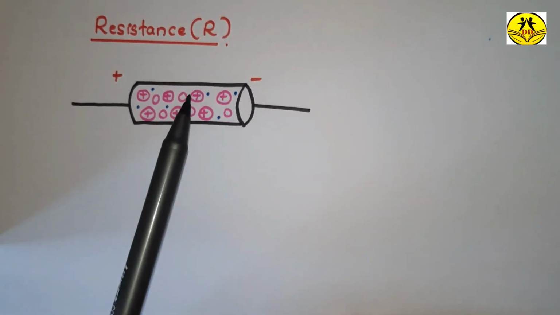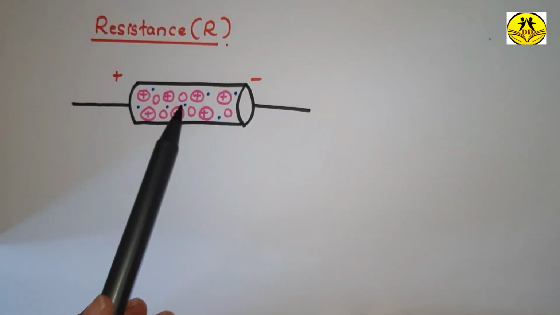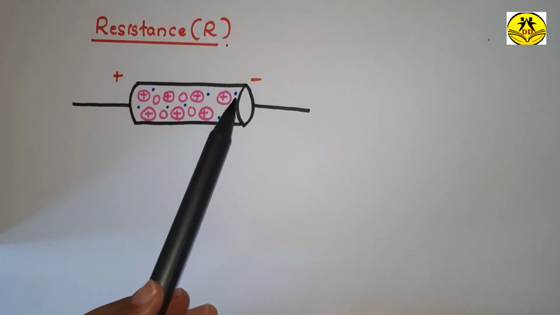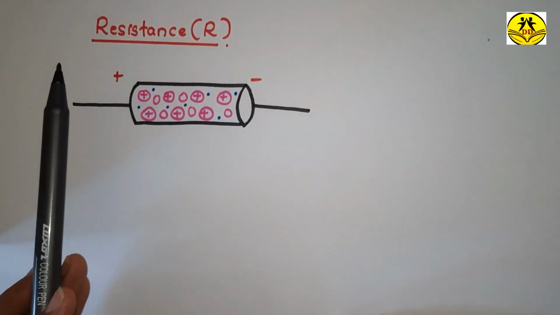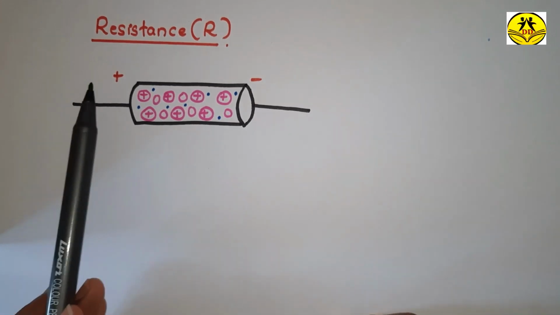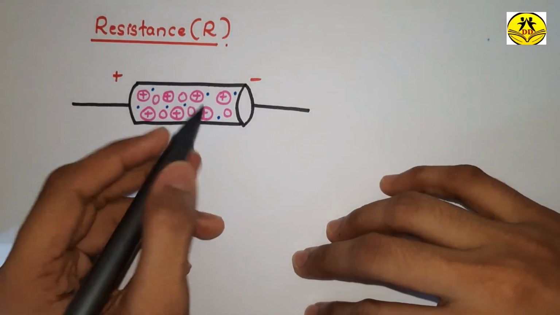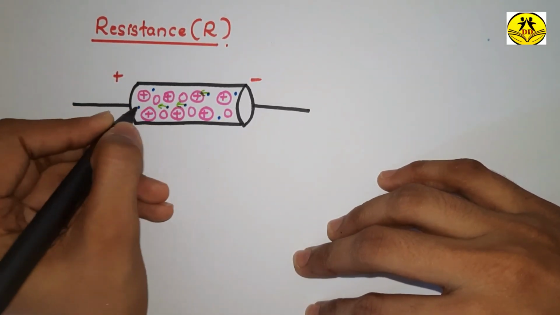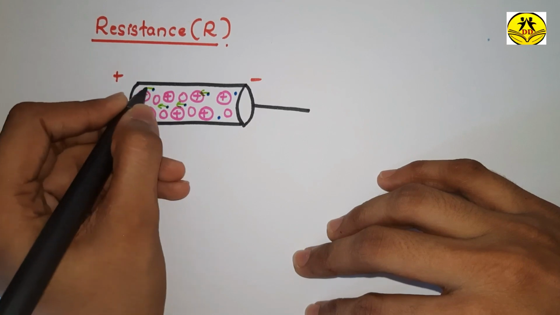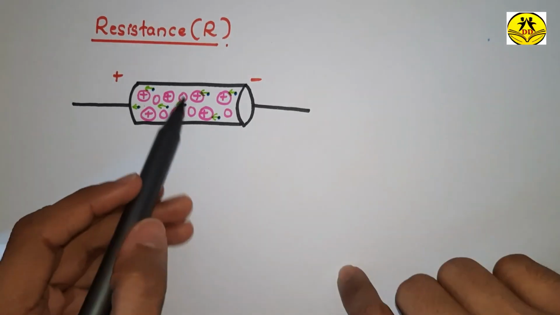This electric field creates forces on these free electrons. So these free electrons start to accelerate and drift against the field towards the positive terminal of the battery. When these electrons start to move, they collide with these positively charged cations and atoms.